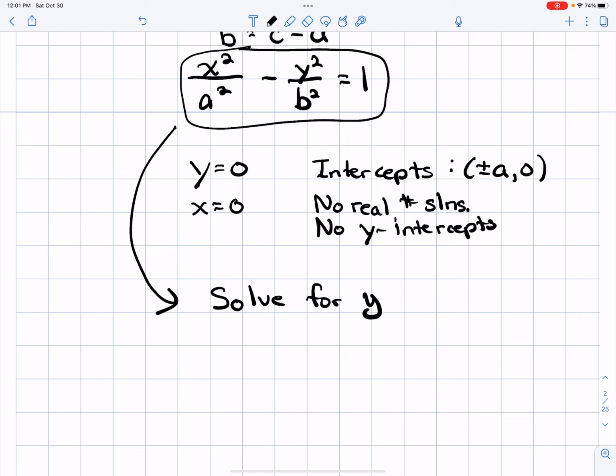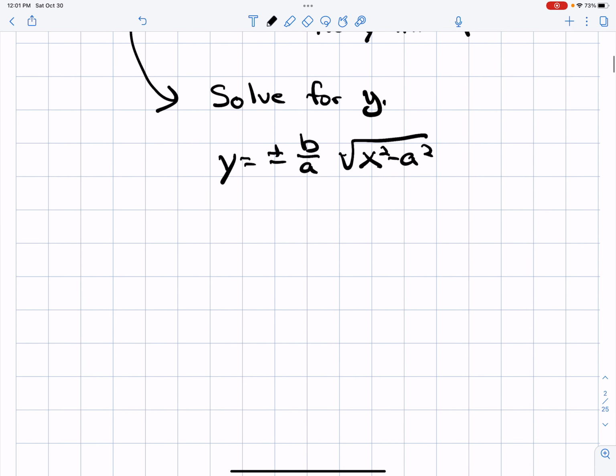You can look in your book how to do that, page 1015. But when you solve for y, you get y equals plus or minus b over a times the square root of x squared minus a squared. If you're not sure how to work that out, you can look in the book. It's some basic algebra. And we can look at this and realize something.